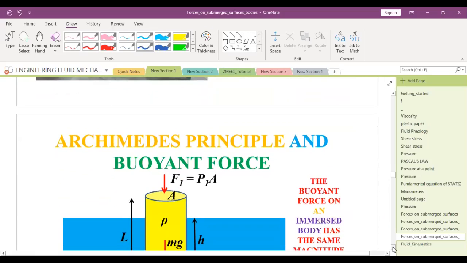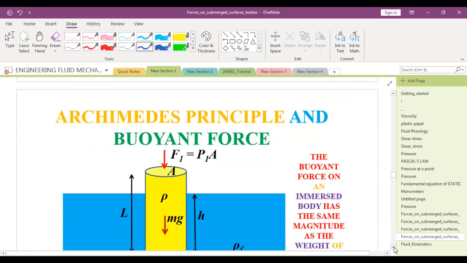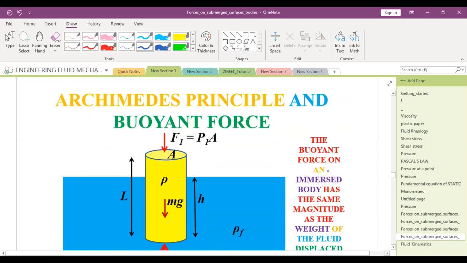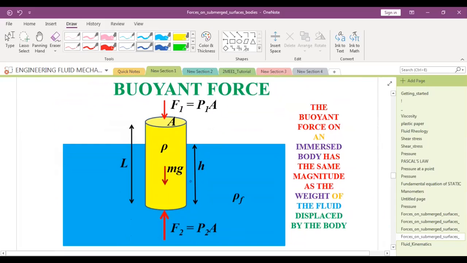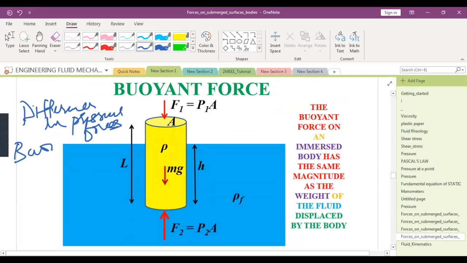So then we derived the expression for Archimedes principle, and Archimedes principle is simply the difference in pressure forces. The difference in pressure forces is called the buoyant force. That is, if the pressure force on the top surface is P1A and on the bottom surface is P2A, then the buoyant force is simply F2 minus F1.